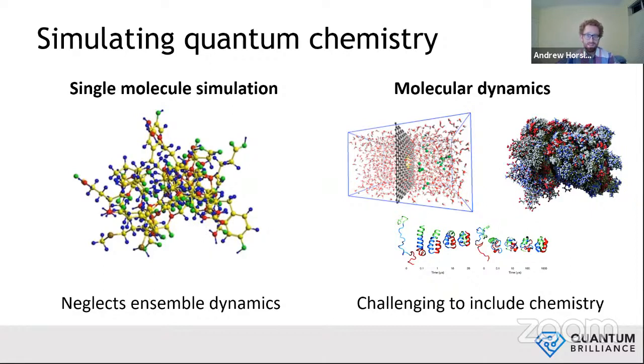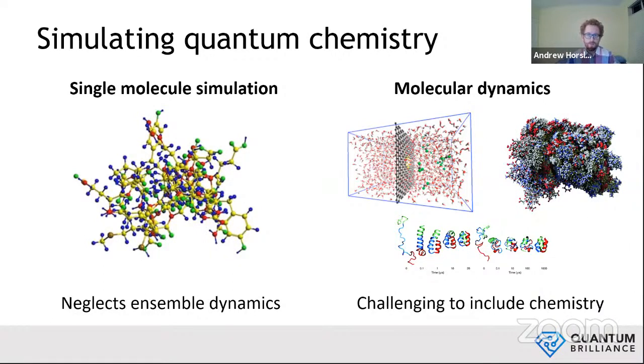So for many applications, you really need to be looking at ensemble dynamics, whether that's, for example, looking at a catalysis reaction, where reaction byproducts from one molecule then feed into the dynamics of that identical molecule nearby, or where you're looking then at highly correlated systems where you have interacting molecules in a gas, or diffusion through a solid or liquid, or even if you're trying to model extremely large molecules.